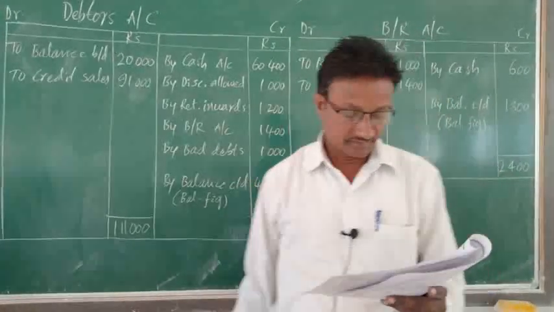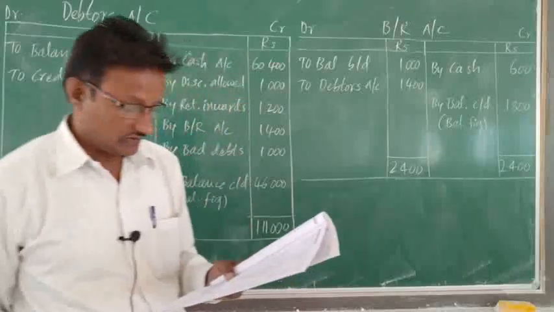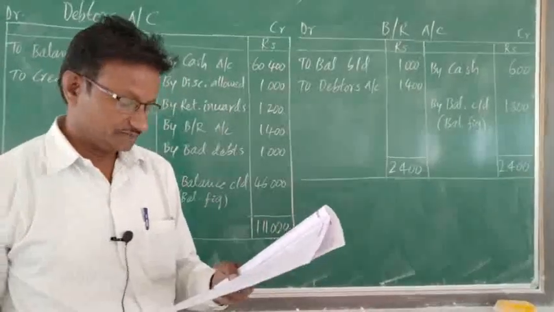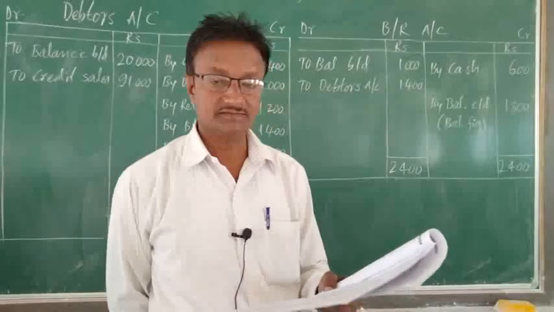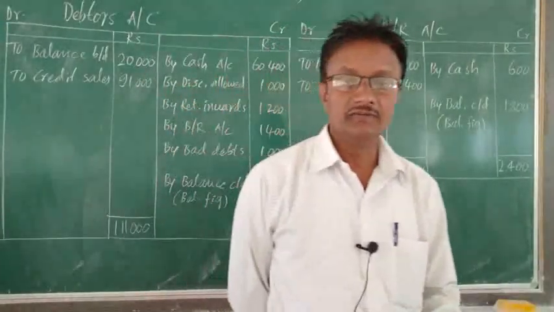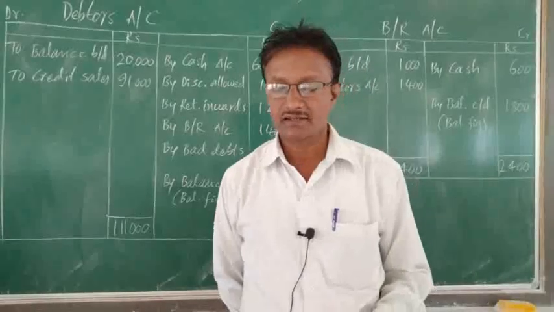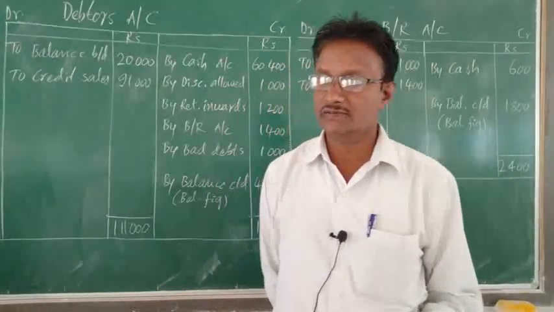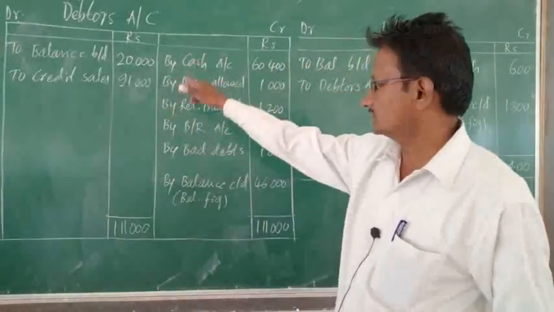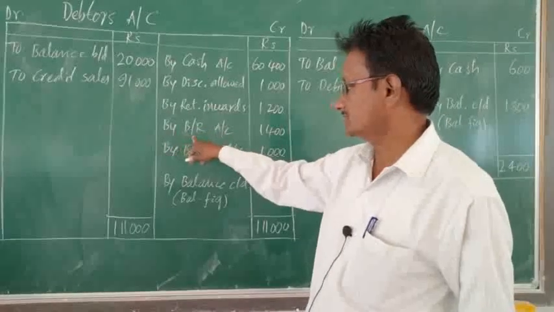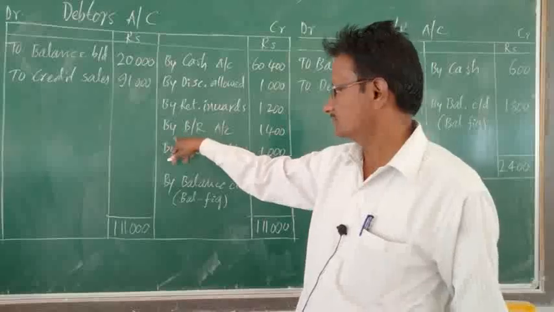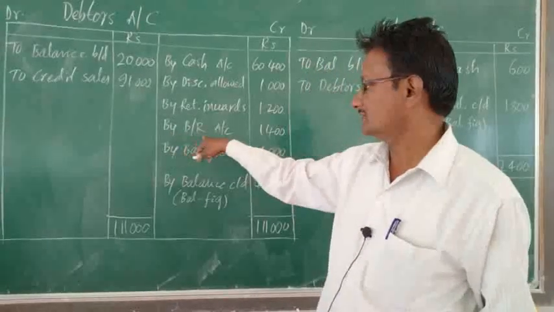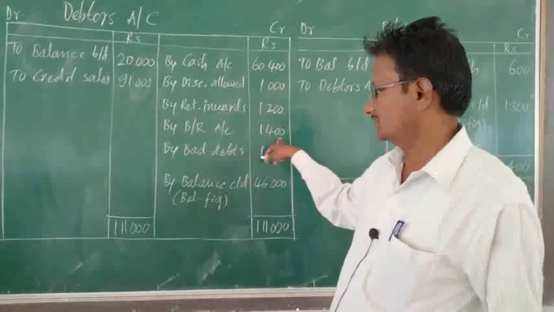And one more piece of information is bills receivable received from debtors, 1,400. So in the debtors account we make the entry by bills receivable account 1,400.